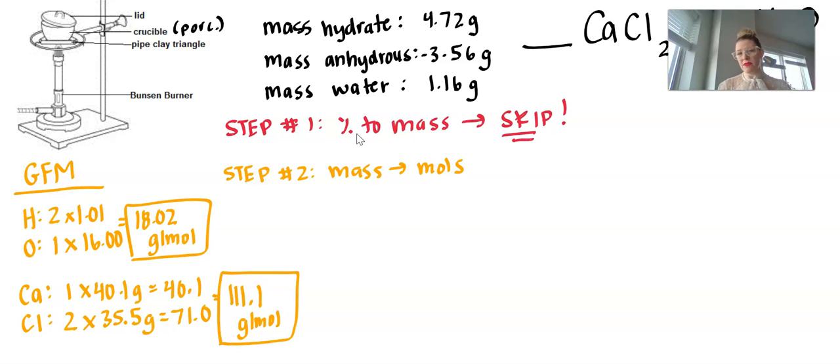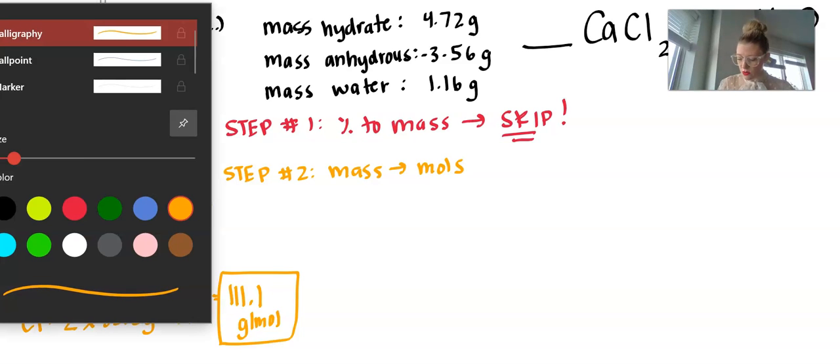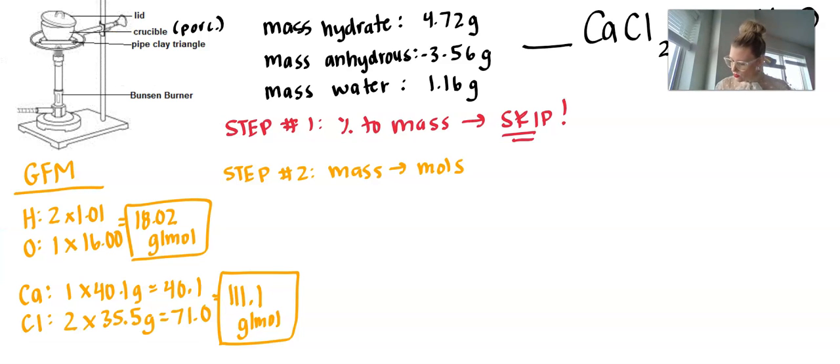Okay. From there, we're now going to convert these values into moles. So again, the mass of the CaCl2: where do I find that for my problem? Our hydrate is really CaCl2 plus H2O. Our mass of anhydrous means we've removed the water, which means this is just the mass of the CaCl2. And the mass of the water is obviously just the mass of the water.